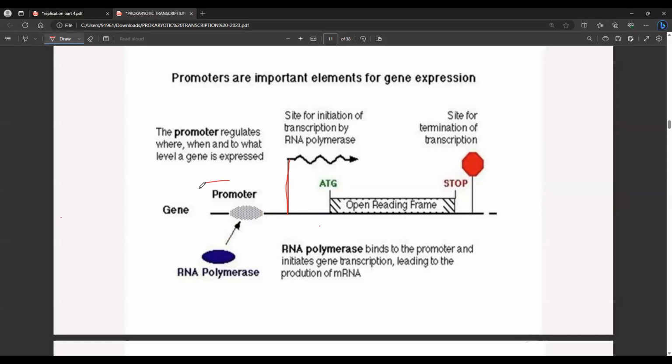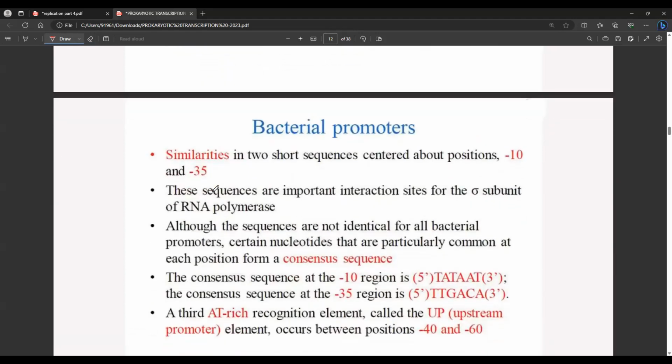But remember my words, if you look at complex organisms like us, in case of humans, the promoters are present on the left-hand side also and the right-hand side also. Widely we can call it upstream and downstream. But in case of prokaryotes, friends, it is exclusively present only in the upstream. Never ever get confused with that particular point.